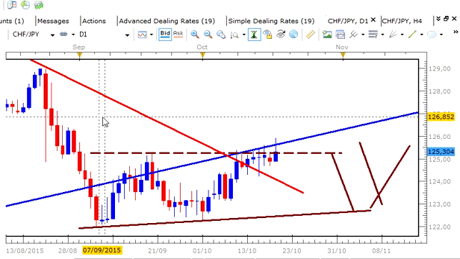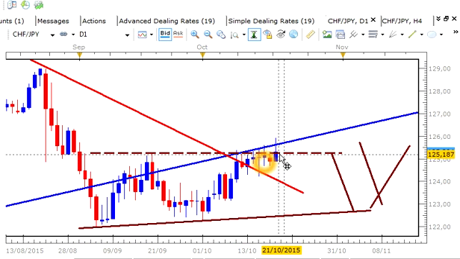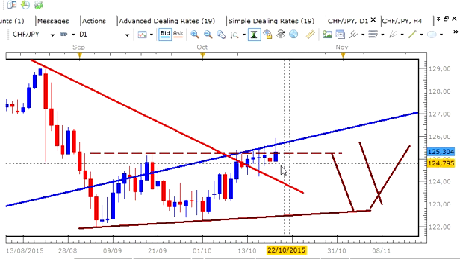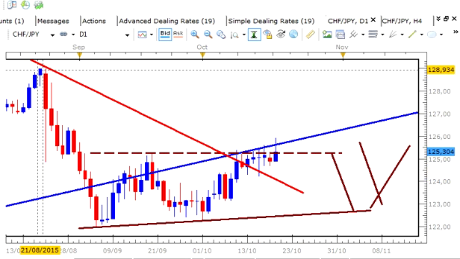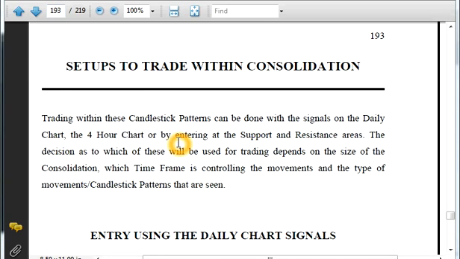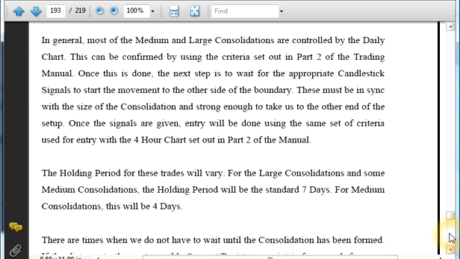So based on what we see here, we could take advantage of it as long as it complies with the rules that I've established to take advantage of these trading opportunities. Once you have established that the market is forming the consolidation setup, then you simply follow the rules with regards to trading these types of setups.